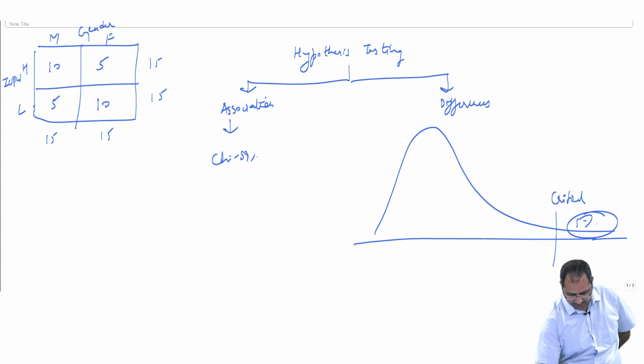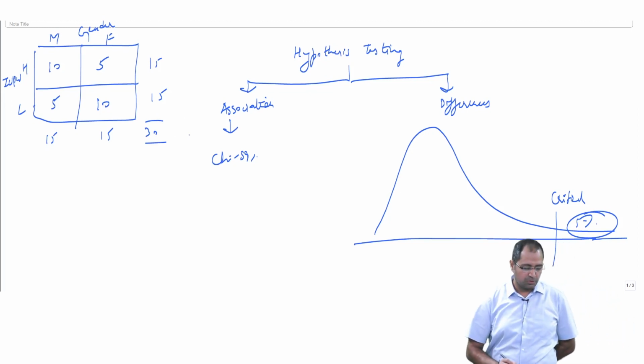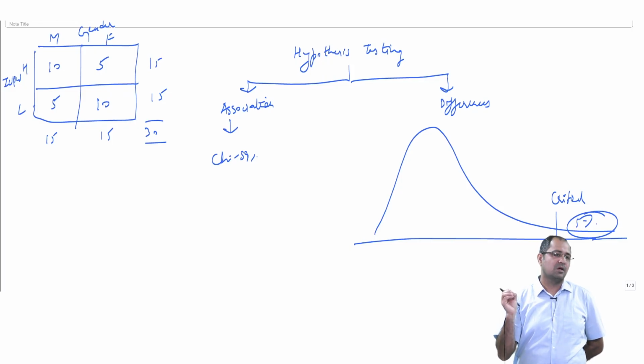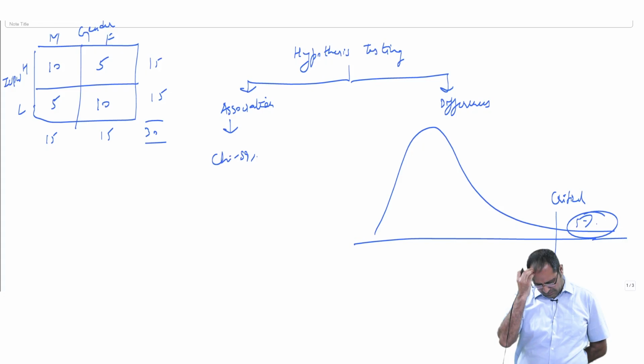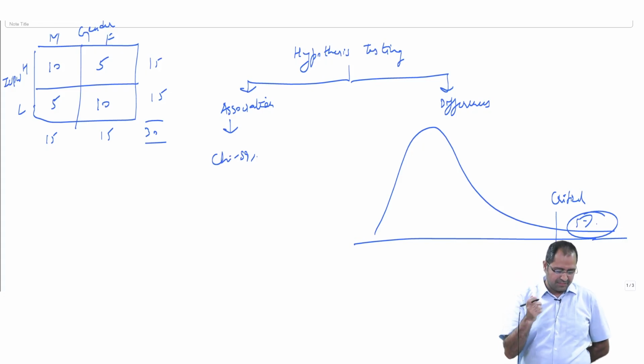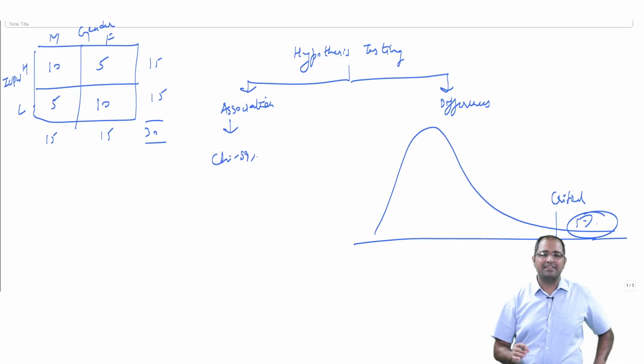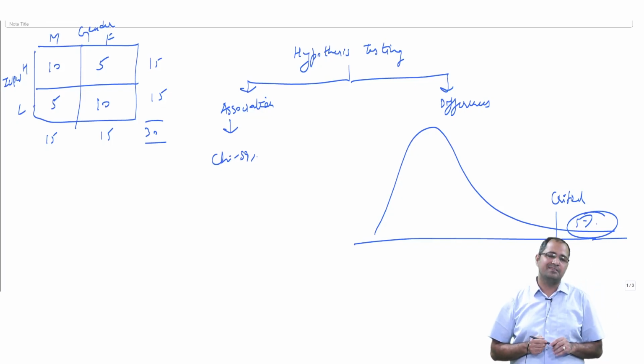Sorry, here the total on both sides is 30. In the null hypothesis, we say that there is no association.